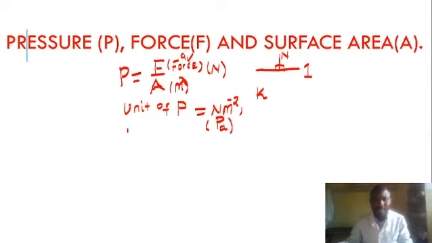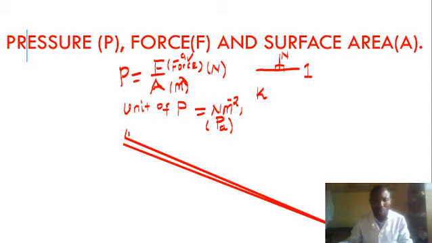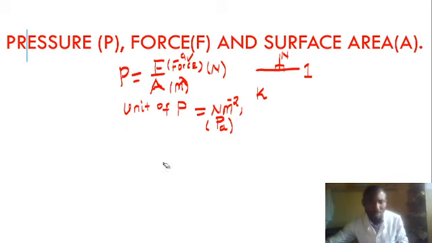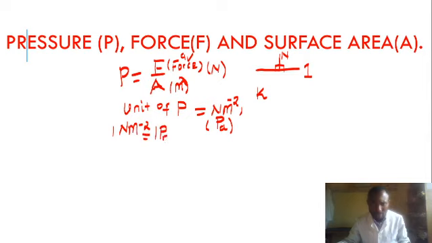And therefore we can generalize and say that 1 Newton per meter squared is equal to 1 Pascal. There are also higher units of pressure.